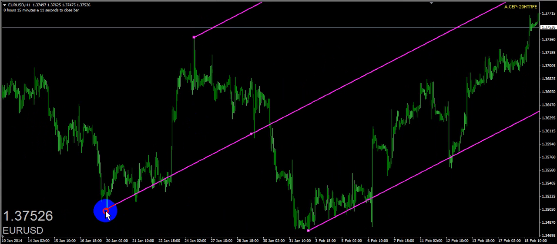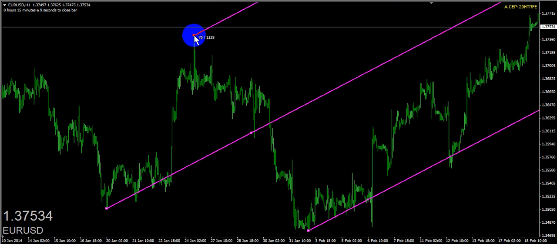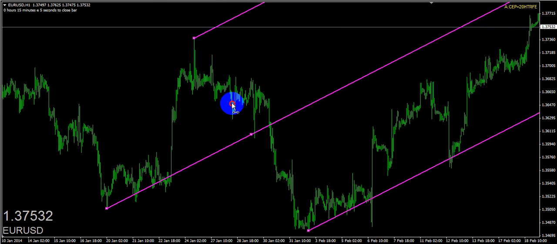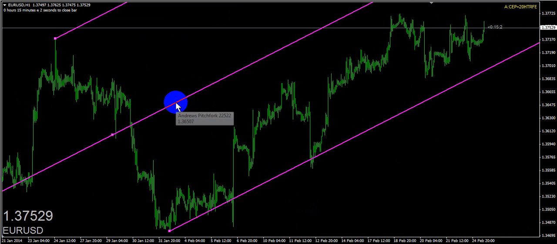And remember, I still sometimes use the same fork I drew on a 4-hour to spot clearer entries on a smaller time frame. But that's just my preference.